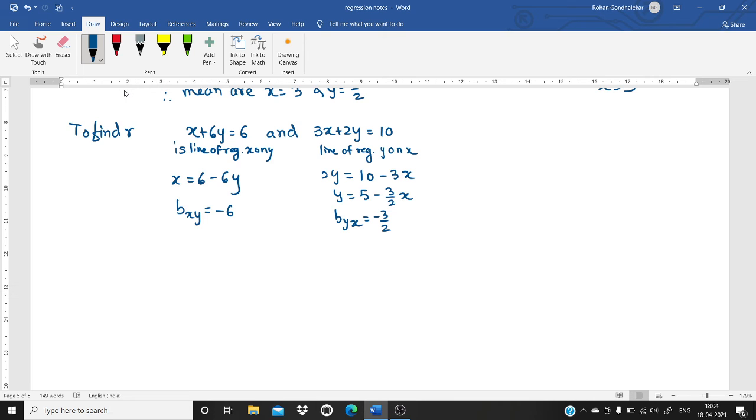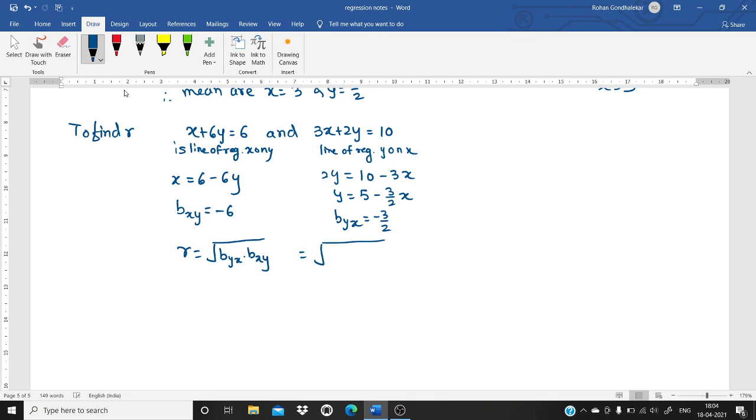Fine. Now the question comes, as my byx is minus 3 by 2 and bxy is minus 6, we first discuss the properties. If one coefficient of regression is greater than 1, the other must be less than 1. Here both of them are not like that, so no need to discuss it again. But if I go on to calculate, r is the positive square root of byx into bxy.